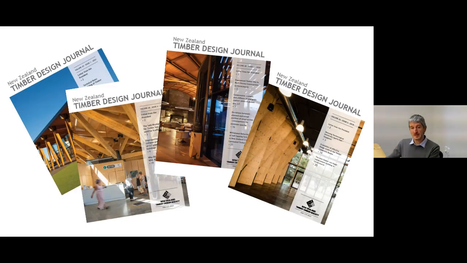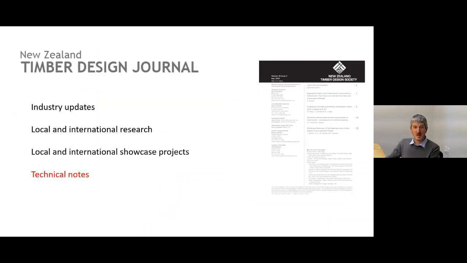So our mandate is to foster the uptake of timber as a construction material and to distribute the knowledge. We do so through our quarterly journal, which has articles about international research and also local research, of course, and we also showcase different projects.